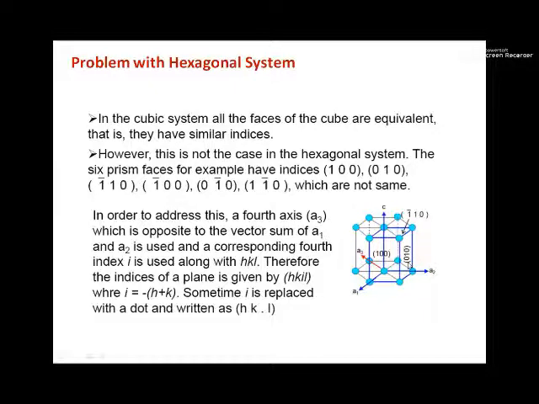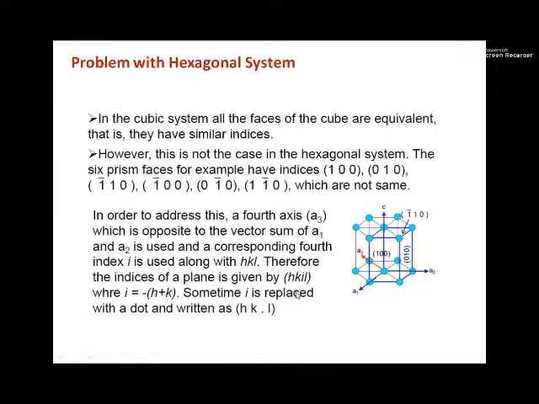But the problem is that you cannot put those 6 planes under the same category, because here it is 2 0, here it is 2 1, here it is also 2 1. So these 6 planes are not of the same category.